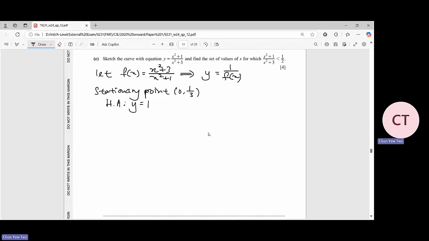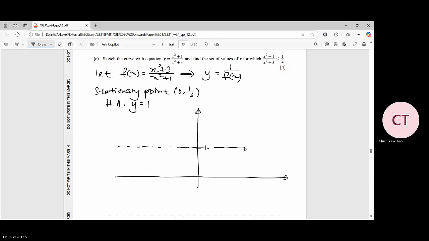Okay, so now the graph will be like this. This is the 1. Your minimum point is 1 over 3 here. Then your graph is going to become like this. Okay, so this is the graph.